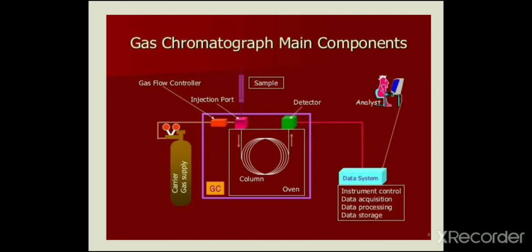Then there is an injection port, from which we add our sample into the column. The sample is mixed with the carrier gas and passes into the column, and the detector will detect the changes based on the properties. Next there is a recorder or computer that will note down the recordings.